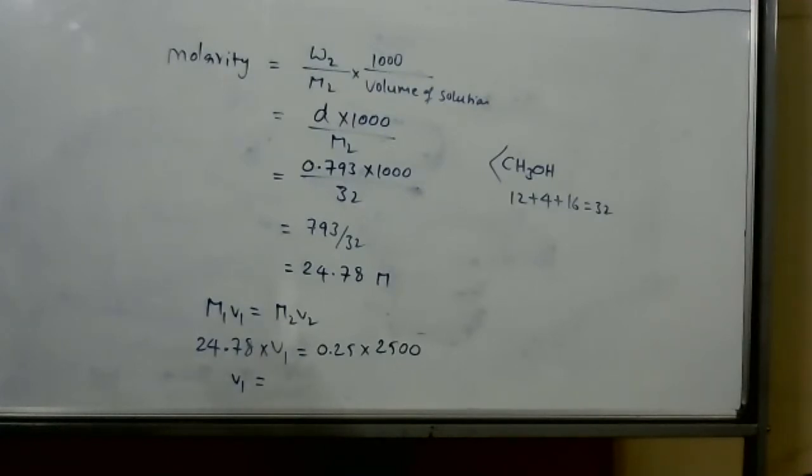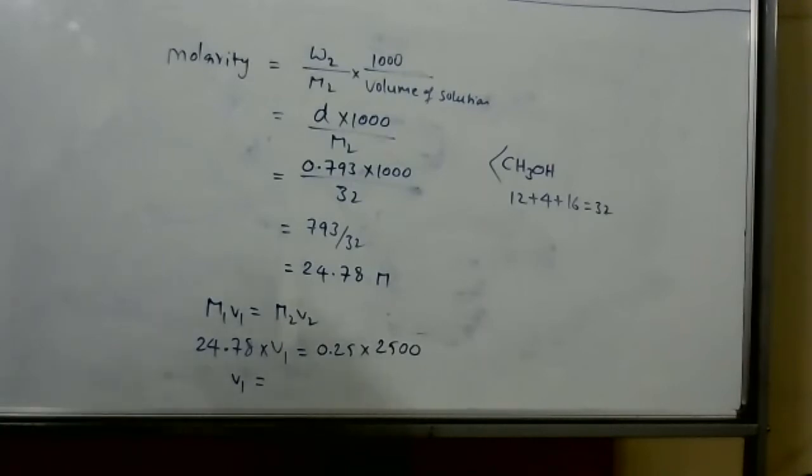Can we take 24.78 approximately as 25? Is it okay? Yes, you can take it, considering the given options. Otherwise it becomes 625 by 24.78, which is complex, and the options are given with much difference, so there is no problem.